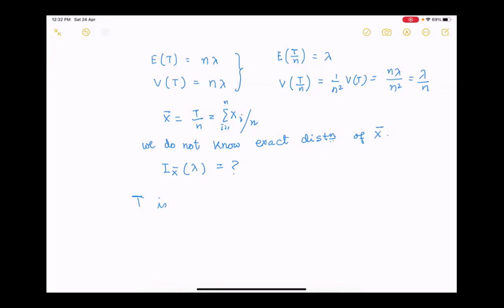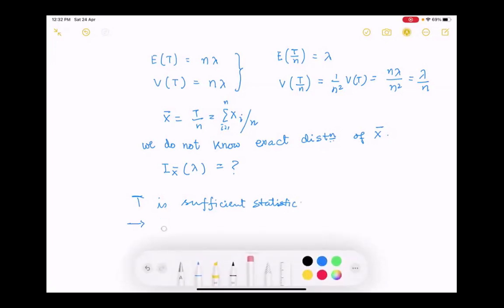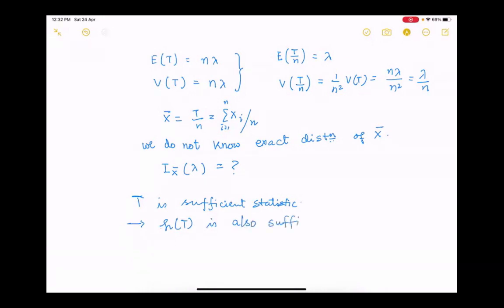If we can somehow show that T is a sufficient statistic, and some one-to-one function, I already used G, so I don't want to use G, let me use H. Some H of T is also a sufficient statistic.